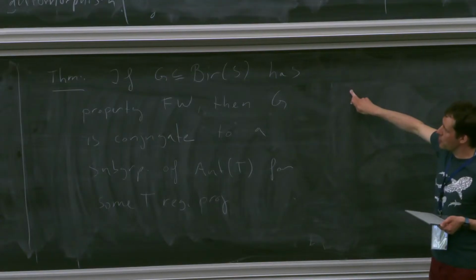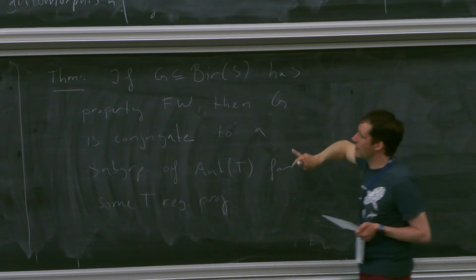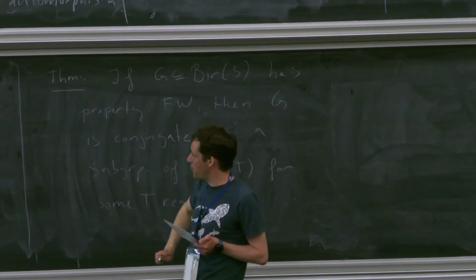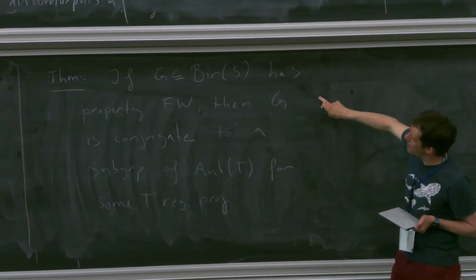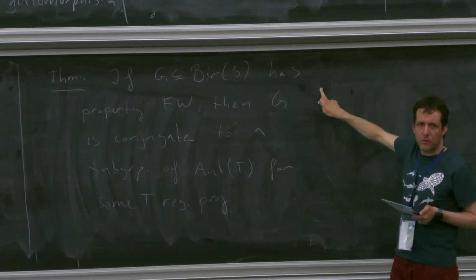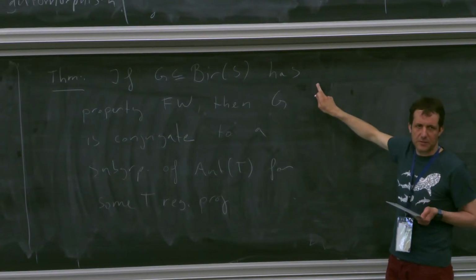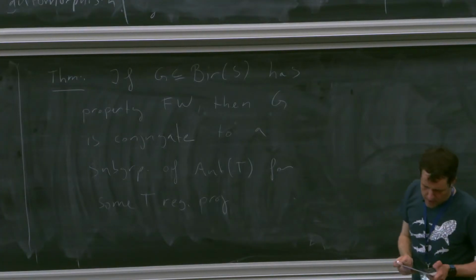This theorem was also not new. Julie Déserti showed it for groups with Kazhdan's property T, and then Yves Cornulier and Serge Cantat showed it for groups with property FW over algebraically closed fields. But here we get all fields.